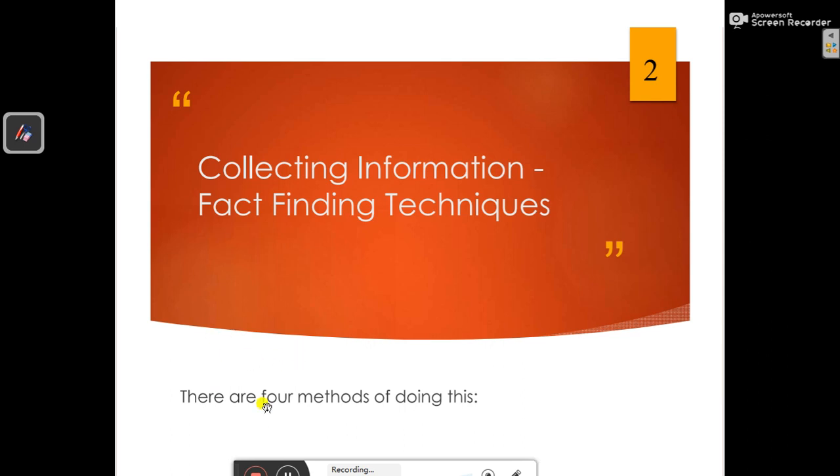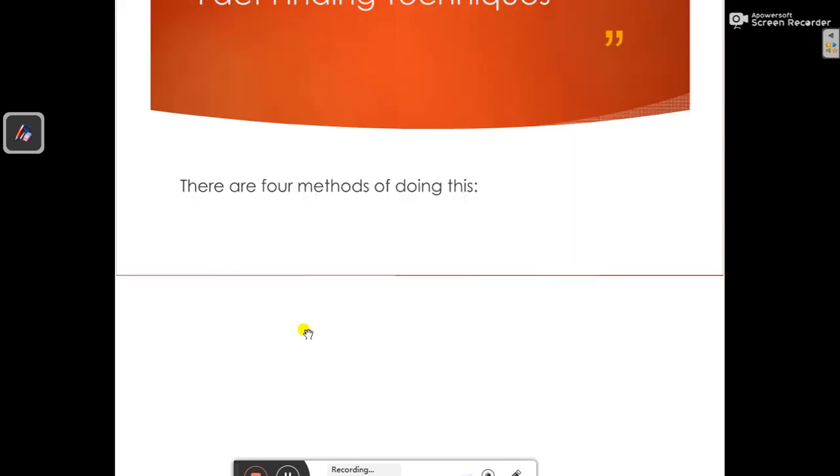So we'll try to explain these four only in this video, and it's your choice. You can go for other methods, and you can also develop your own method. That would be a very nice thing, but the main aim is to find the facts only.